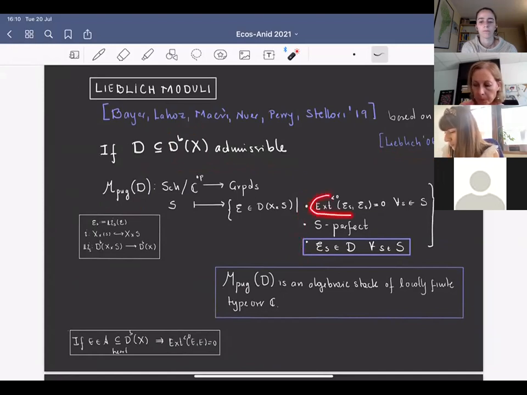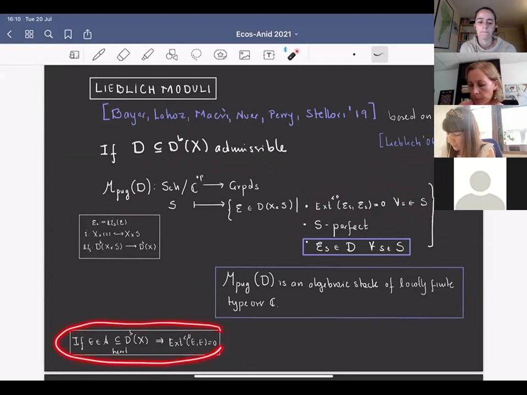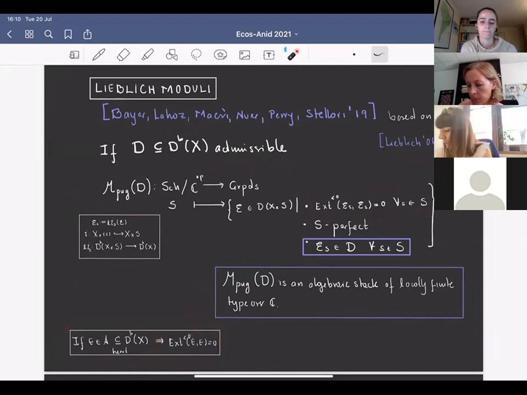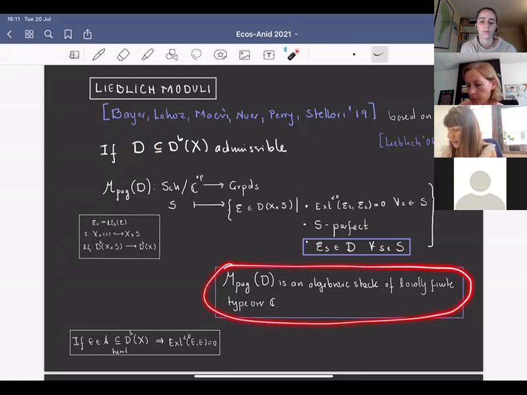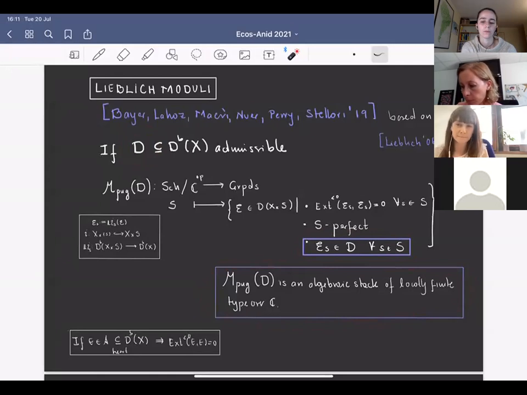We're going to focus right now on this one. The condition that the negative Exts are 0 is important, because for us, every object in the heart of a bounded t-structure satisfies this condition. The other condition is just that it is in the admissible category. What they prove is that this is an algebraic stack of locally finite type over C. So the first thing is that we need this condition to be satisfied for us.